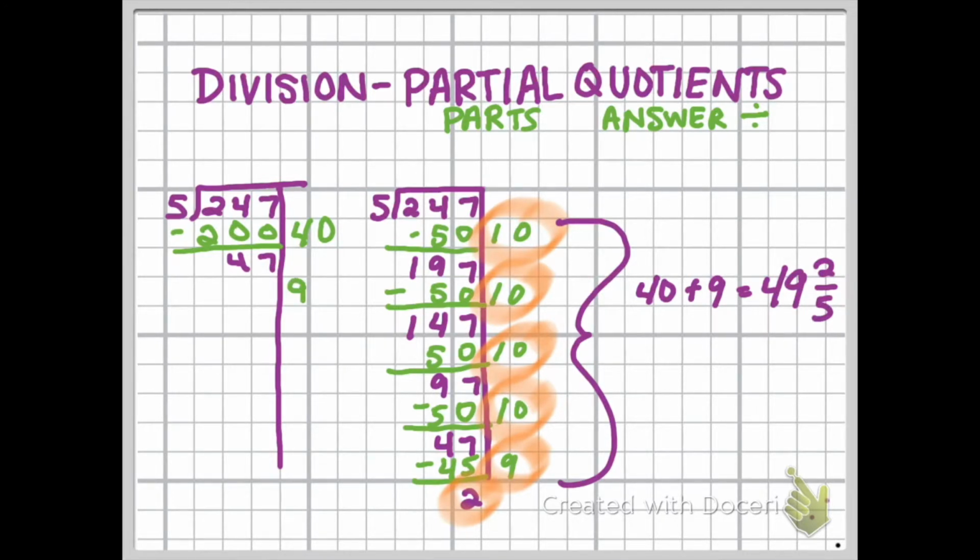Then multiplied 5 times 9 is 45. And you still get the answer of 49 and 2/5. So either way is acceptable. As you can tell, any amount that you feel comfortable with subtracting from is acceptable. You just need to find what works best for you.